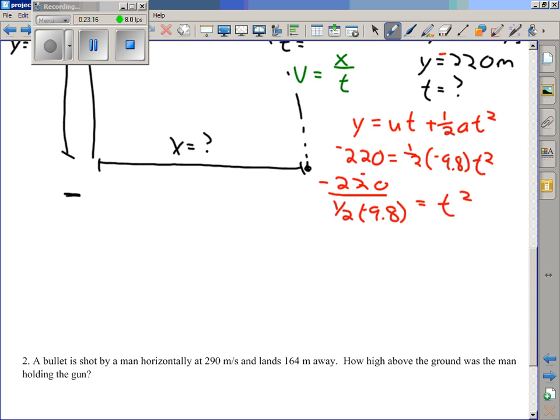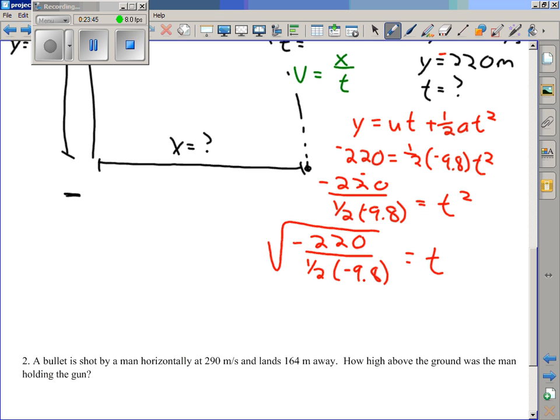All right. I got to get t by itself. I got t squared. So I need to square root both sides. Right? So negative 220 over 1/2 times negative 9.8, square root, is what t comes out to be. And if you would like, that 1/2 in the denominator could become a 2 in the numerator.